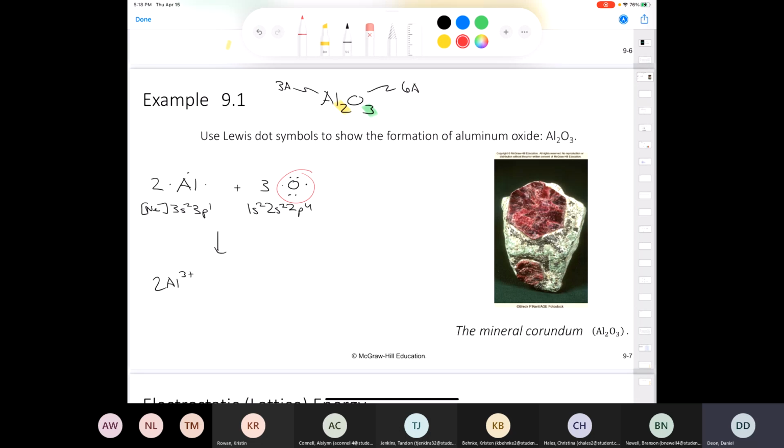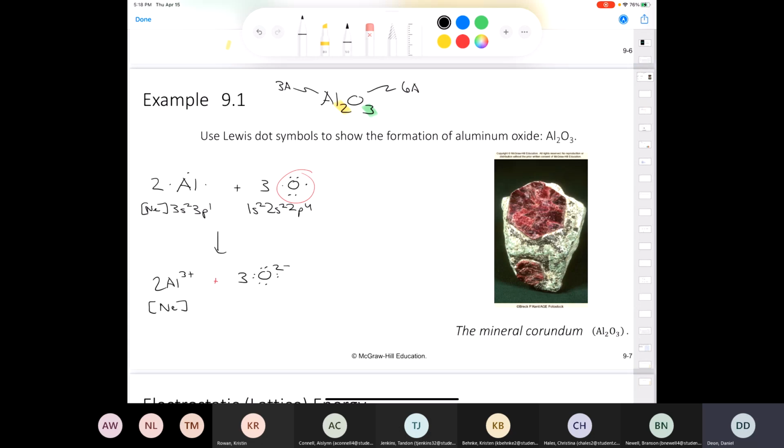So all 3 of those oxygens are going to take my 6 electrons from my aluminum, and I'm going to end up with 3 oxides, right? And if I put all the valence electrons around oxide, it's going to have 8 valence electrons. And so the aluminum is now isoelectronic with neon, right?